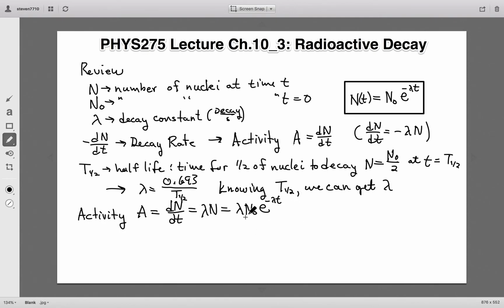Our initial activity is just our decay constant times the initial number of nuclei, the activity at t equals 0.